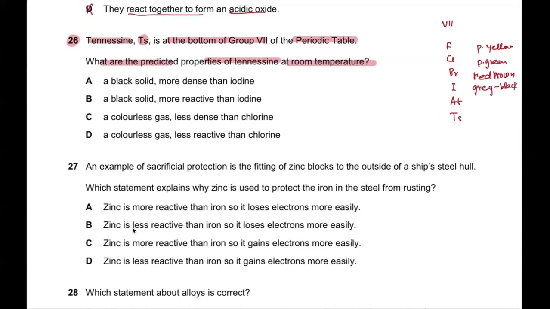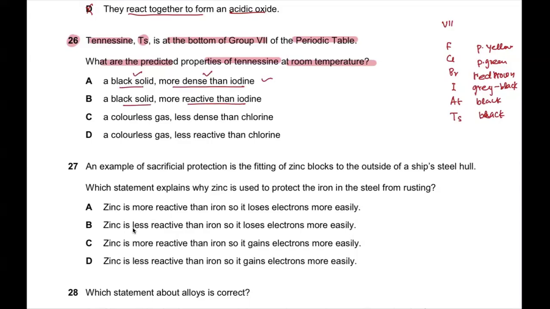The above one is a liquid and the above two were gases. Then astatine is a black solid. So that makes sense. There is a trend that the color goes from light to darker. Black solid, more dense than iodine. Yes, because down the group their density increases. That's the trend we have been observing. So it seems to be correct.